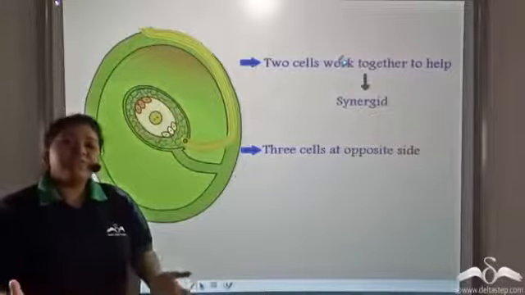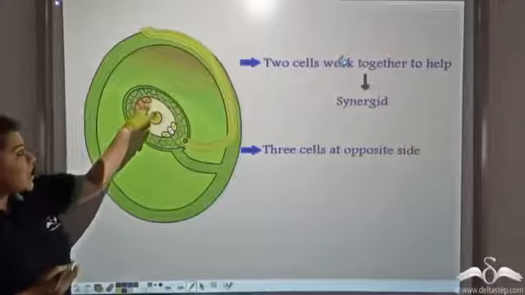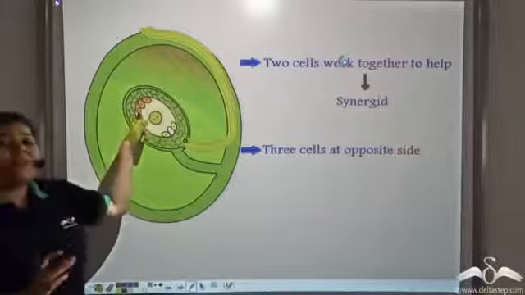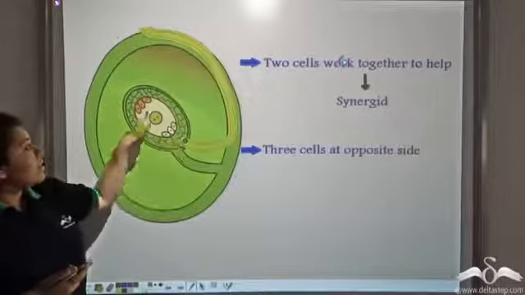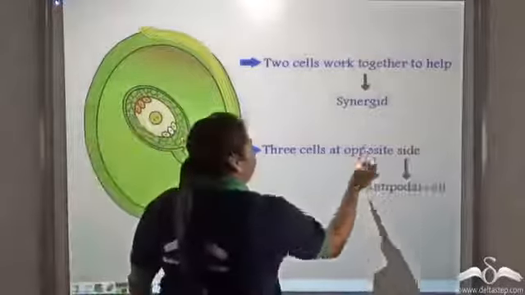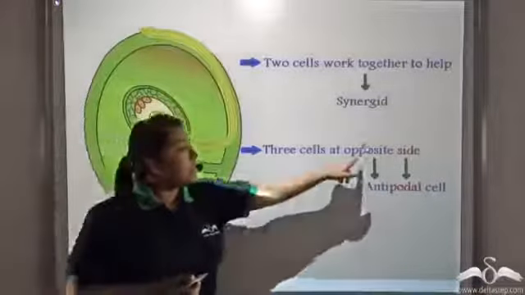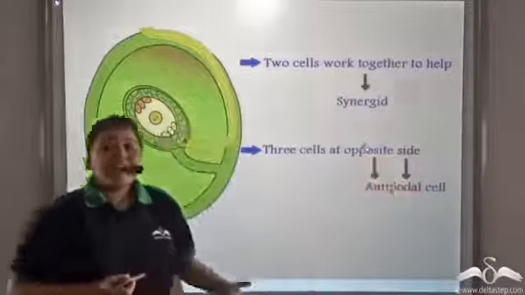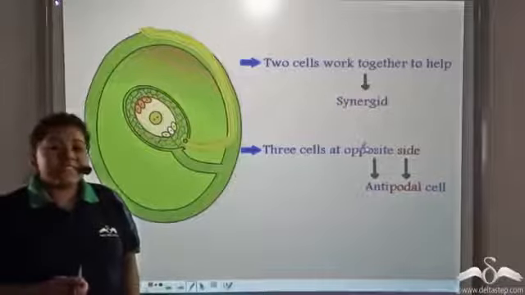Synergid means to work together. And these three cells that are present on the opposite side of this opening are known as the antipodal cells. Antipodal means opposite side. Antipodal cells have no role in fertilization.